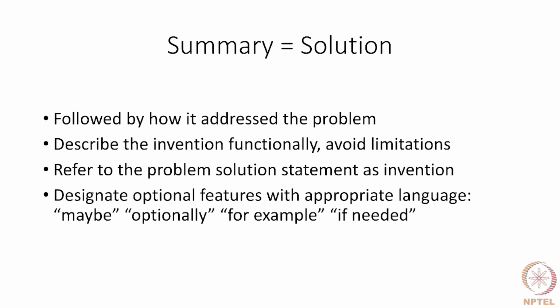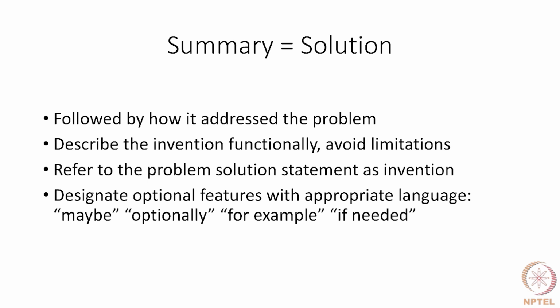Now there could be optional features in your invention. There could be a main claim, and there could be dependent claims, which bring out the optional features. Now, when you have to describe the optional features, you may use words like maybe, or optionally, or for example, if needed, which shows that there is a broad summary where you capture the scope of the claim, and something extra: the features of this invention may be, or may include, or optionally include, or for example.